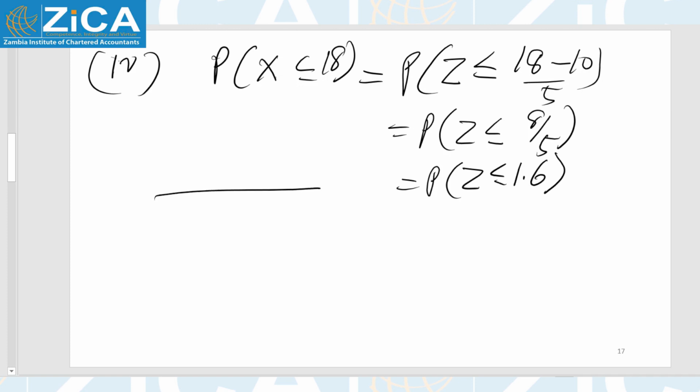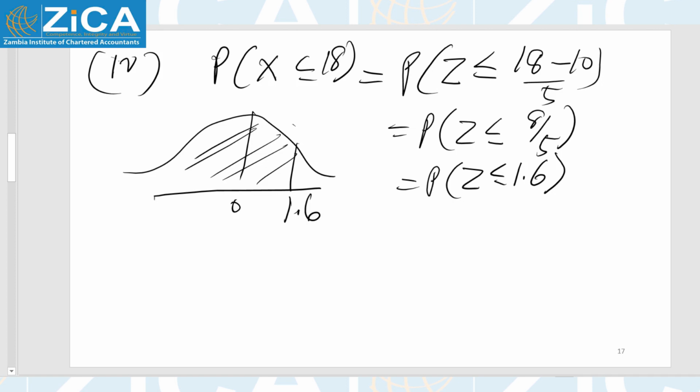So you have got this area again. It's saying less than, so it's the area to the left. Here it is 0. It is symmetrical at that point where there is 0.